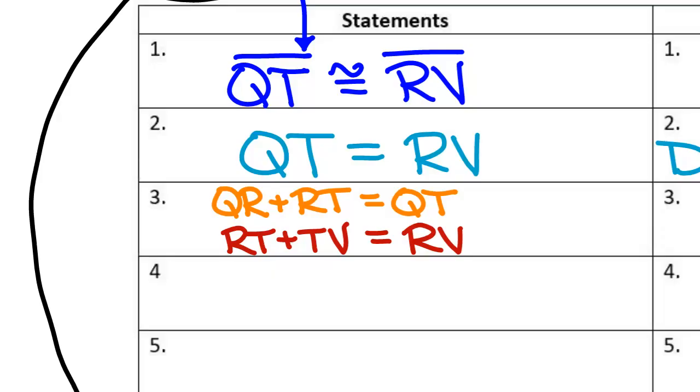What reason from the red paper can we use to say that two smaller segments added together? Close. It is addition something. Addition property of equality. I would have to start off with an equal sign like here in step 2, and then you would have to see the same thing added to both sides in the next step.